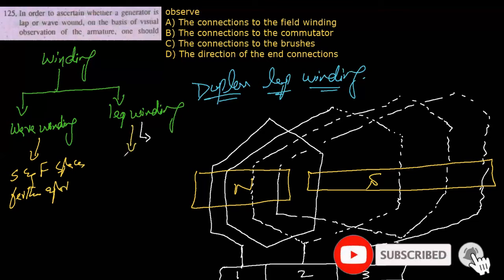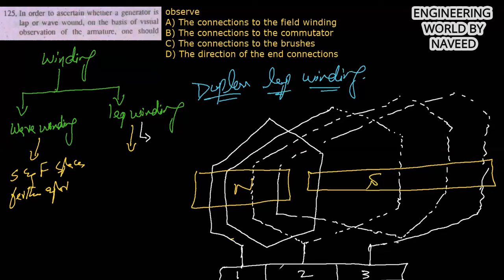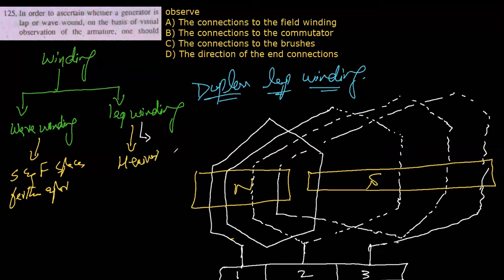But here the end of the armature coils is connected to an adjacent segment on the commutator. And also we use heavier gauge wire for lap winding as compared to the wave winding.